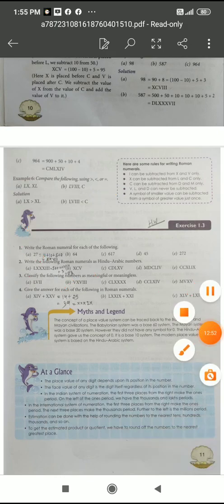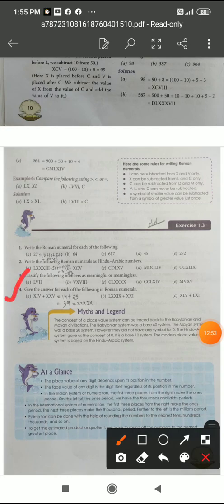Then children comes to number 4. Give the answer for each of the following in Roman numerals. So first you convert these Roman numerals to Hindu Arabic, then add, then again you change to Roman numerals.